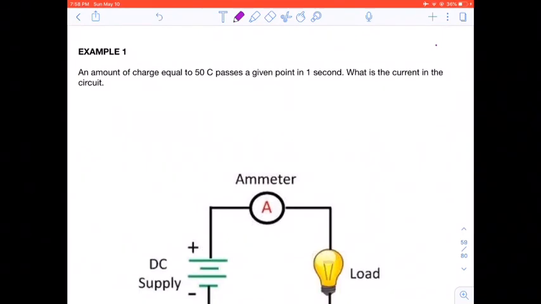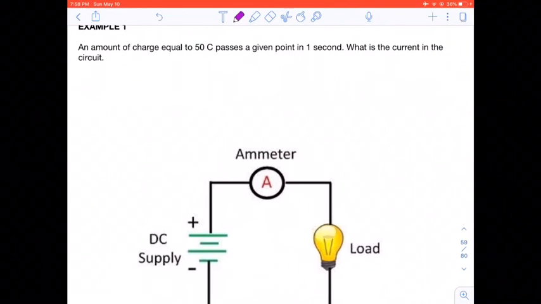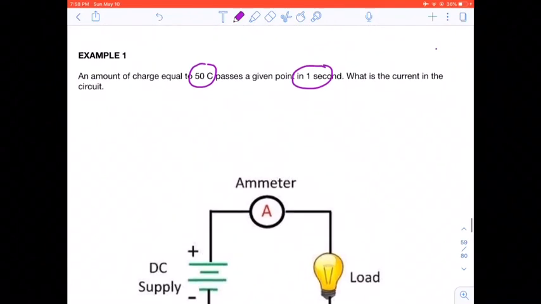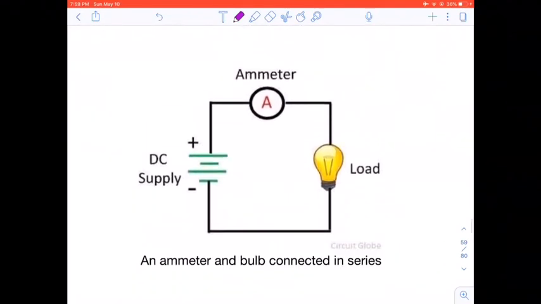now let's look at this: an amount of charge equal to 50 coulombs passes a given point in 1 second. What is the current in the circuit?